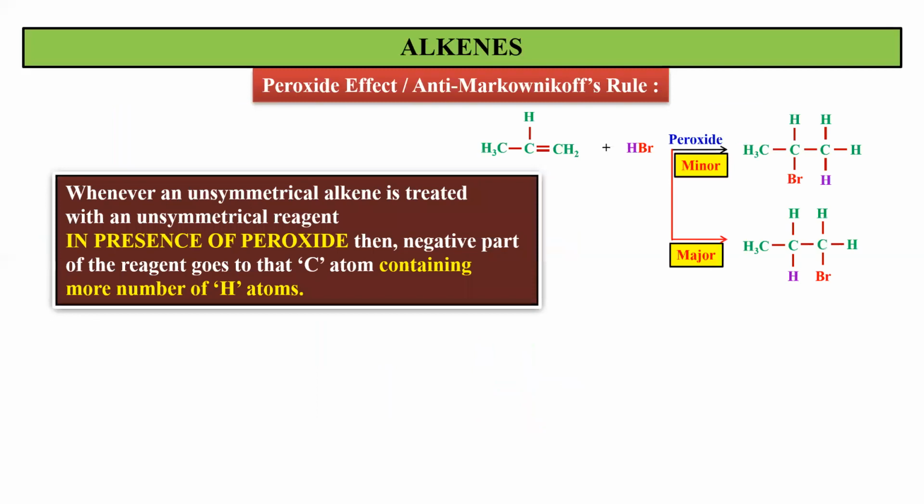Whenever an unsymmetrical alkene is treated with an unsymmetrical reagent in the presence of peroxide, then the negative part of the reagent goes to that carbon atom containing more number of hydrogen atoms, और इसलिए 1-bromopropane is the major product, 2-bromopropane is the minor product.